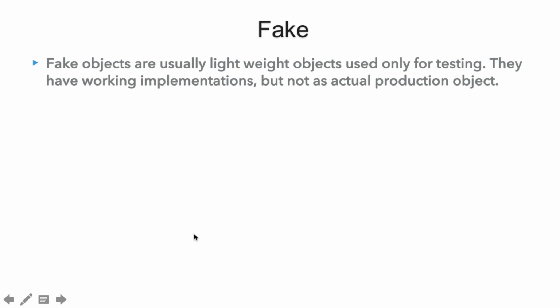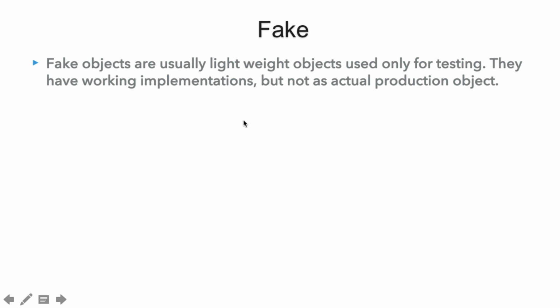So friends, what is a fake test double? Fake objects or test doubles are usually lightweight objects that are used only for testing. They have a working implementation but not like the actual production object. So what do we mean by it? Let's say we want to test a class and that class is dependent on another class which talks to the database.